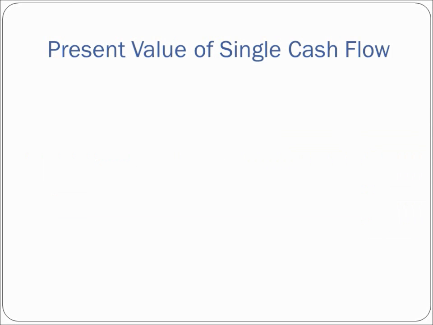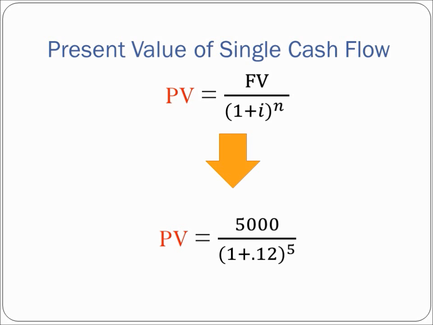The present value of a single cash flow is equal to the future value over 1 plus the interest rate to the number of periods. A more simple approach is to multiply the future value by the present value of $1 factors found on Table 2 in the textbook.